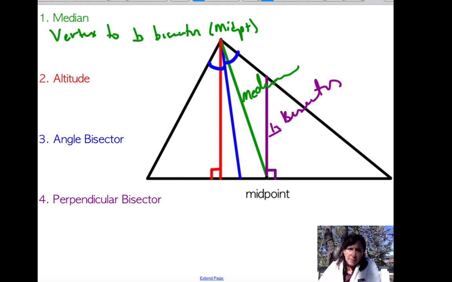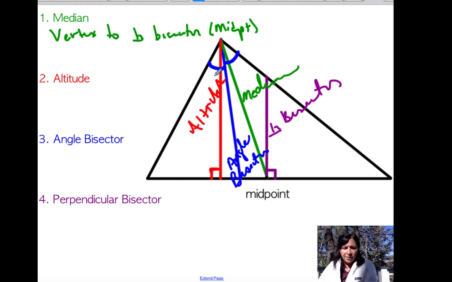This blue line right here, see the angle that it bisects? That's my angle bisector. And the red line, because it comes straight down and it measures the height, we call that the altitude. And so those are the 4 things that you will need to know for your test.